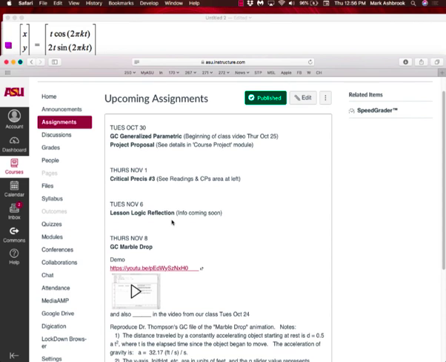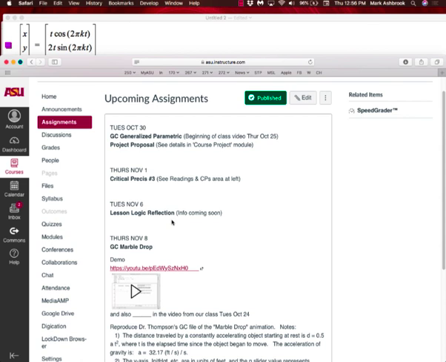So the lesson logic reflection is what's the logic of the lesson that you're planning. So it goes into rationale. Before we start working on the project, there's this assignment, so you can get a really good idea of what that is, so you can do a good job when you come to writing yours.